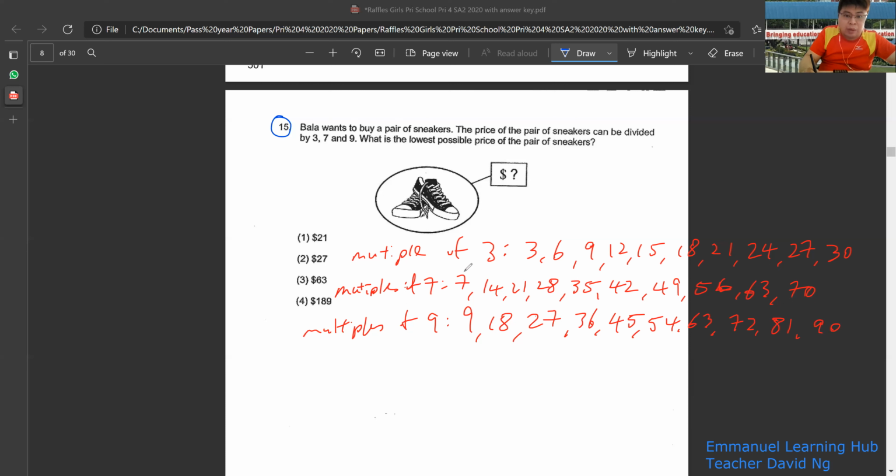Okay. 7 times 9 is 63. Is 63 divisible by 3? Yes, right?